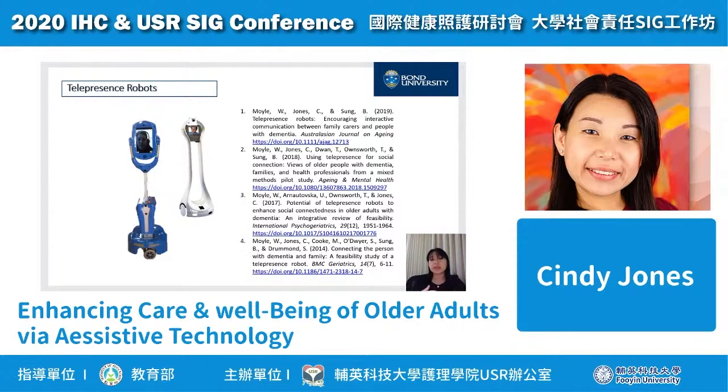Giraffe, as you can see, is a little bit more rounder and wider. So in terms of movement, Giraffe is not as agile and not as good in confined spaces compared to Vigo, the white telepresence robot.